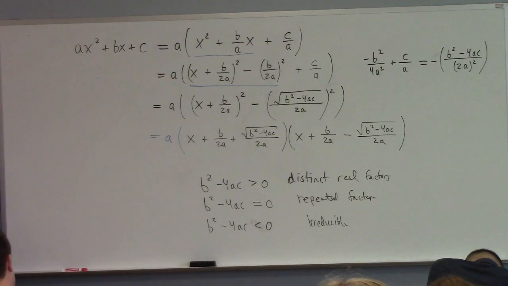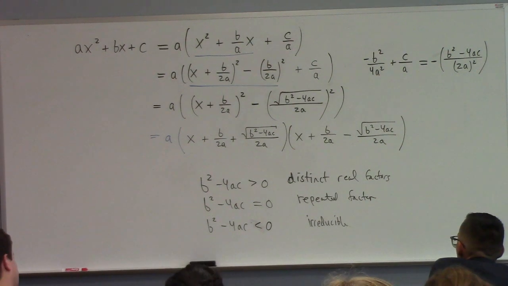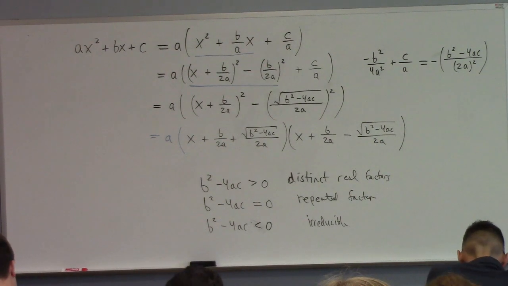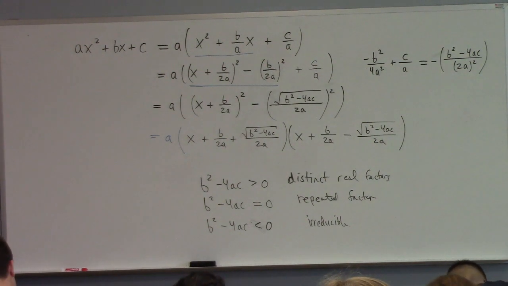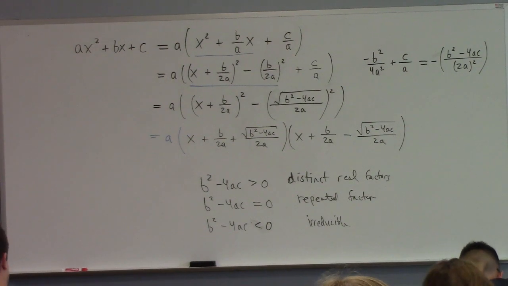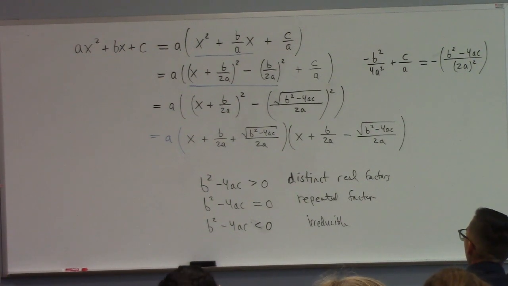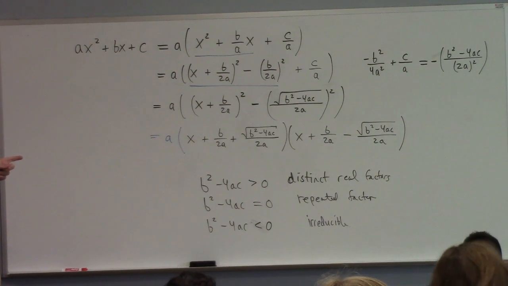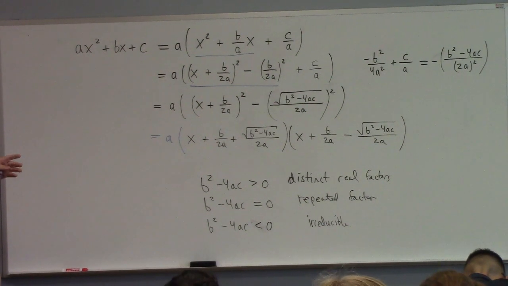Because think about it, the thing in the square root is either a positive number, so it's like most of the examples we worked today where you're just looking at a difference of squares of a polynomial and a real number squared. If it's 0, the whole thing collapses to just x plus b over 2a squared. And if it's negative, well, the thing in the square root gives you an imaginary number, which means we're in a complex factoring situation. Do you guys recognize what this is?